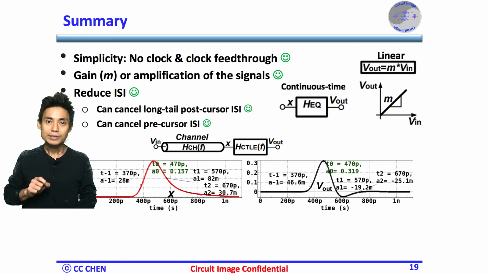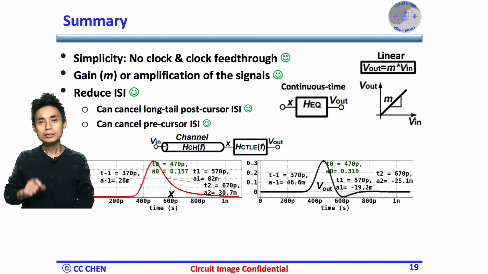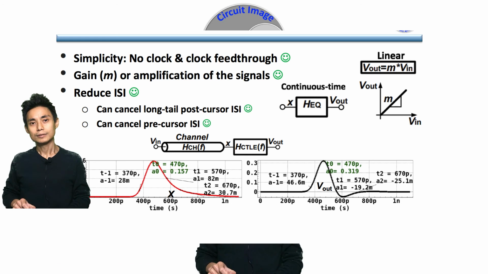Please be advised that this video is to show the image of why we need the Continuous Time Linear Equalizer, CTLE, in the SerDes system. So, all the circuit images are related to the advantage of the CTLE here. I will show other circuit images of the CTLE's weakness and how we can mitigate those issues later.